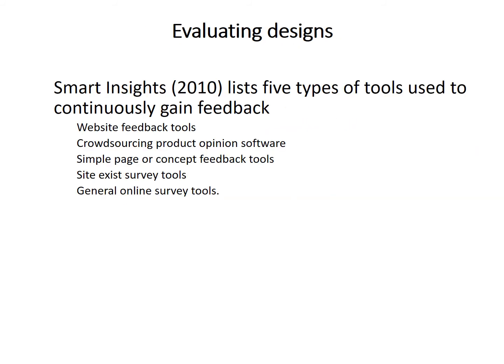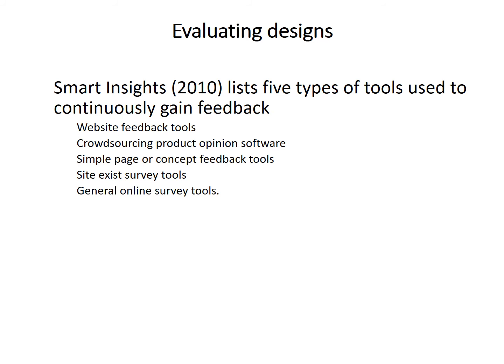Evaluating designs. Smart Insights 2010 lists 5 types of tools used to continuously gain feedback. Evaluating tools: website feedback tools, which again are not too difficult because there are so many software companies out there now allowing you to add plugins to your website.